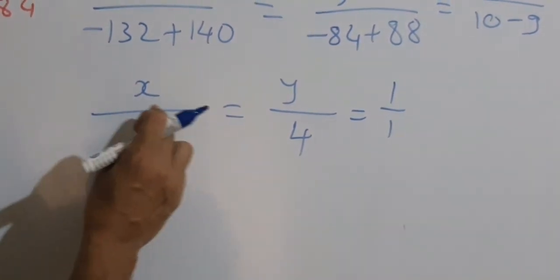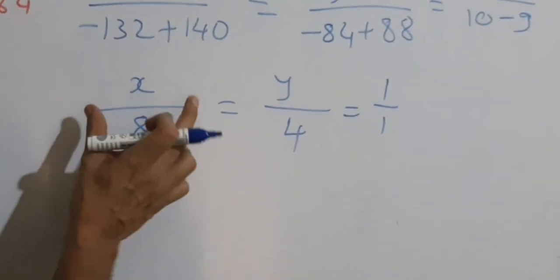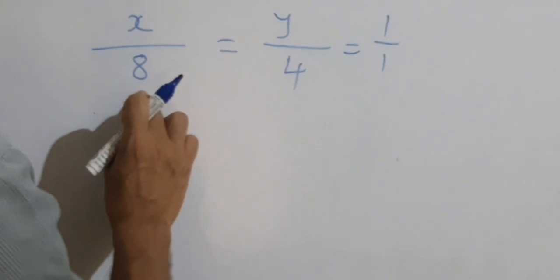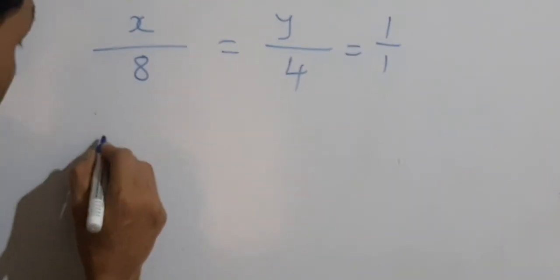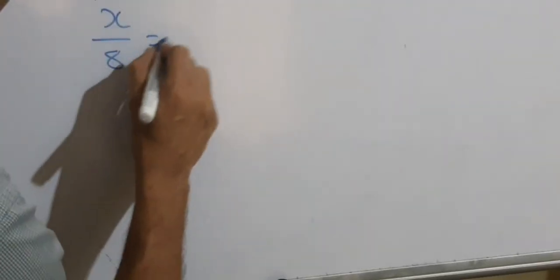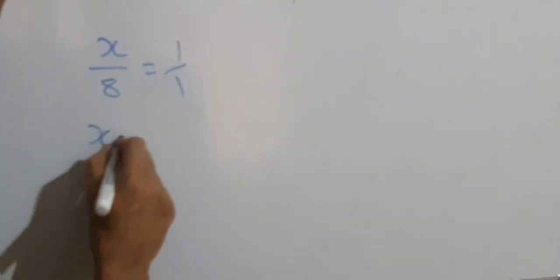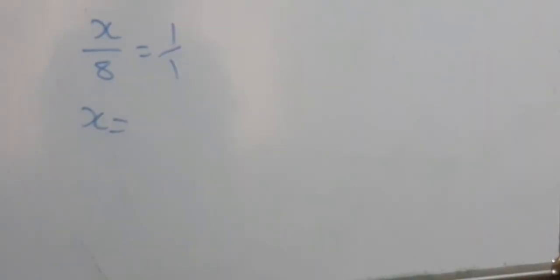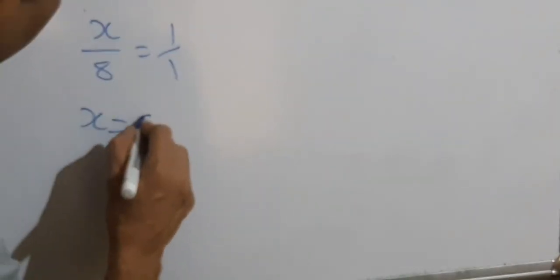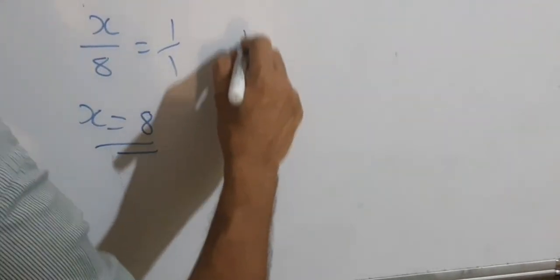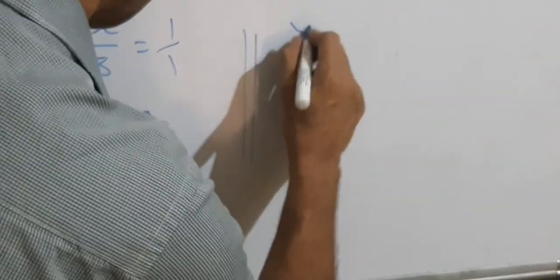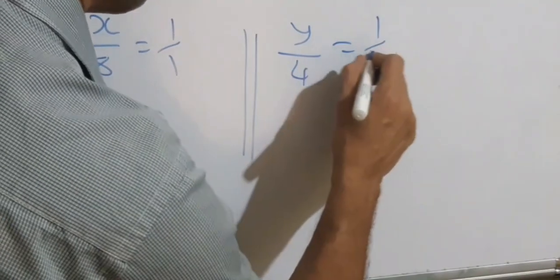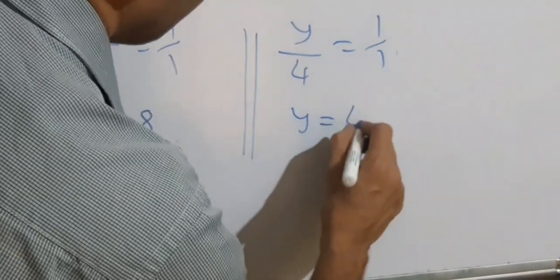Now for finding the value of x, we'll take x upon 8 is equal to 1 upon 1. And therefore x is equal to, when we take this to the other side, 8 upon 1. So 8 upon 1 is 8. So x is equal to 8. And to find the value of y, y upon 4 is equal to 1 upon 1. And therefore y is equal to 4.